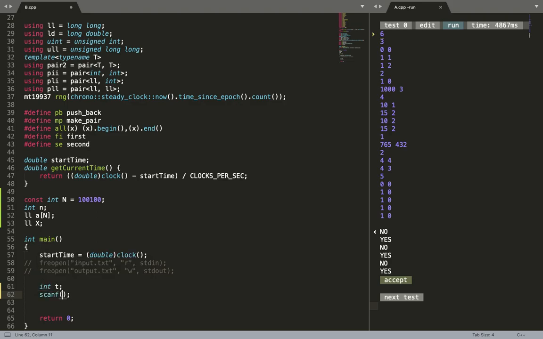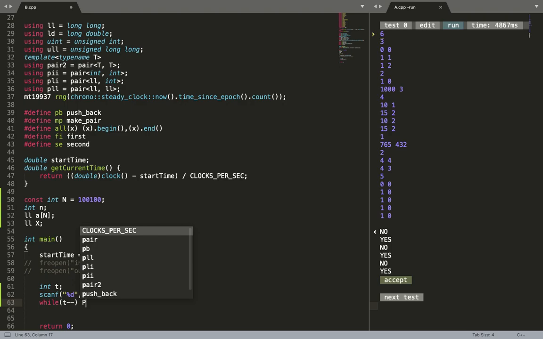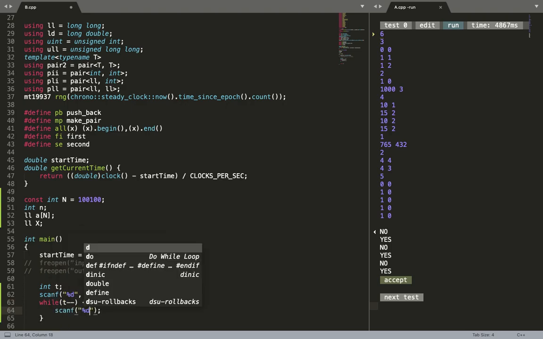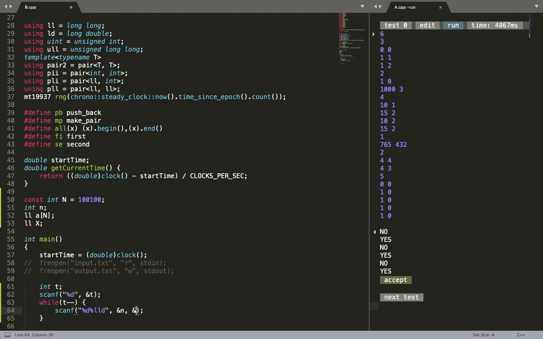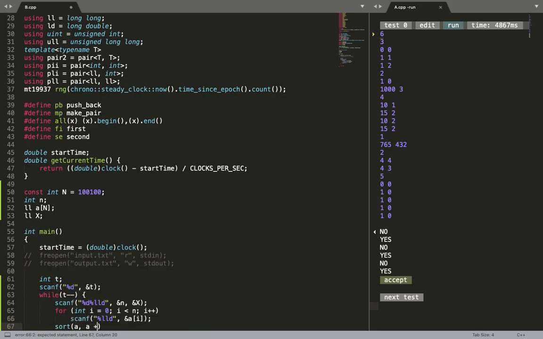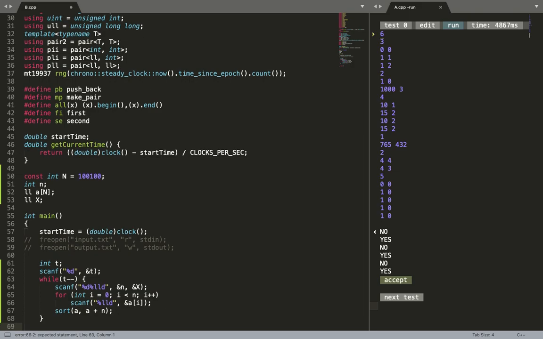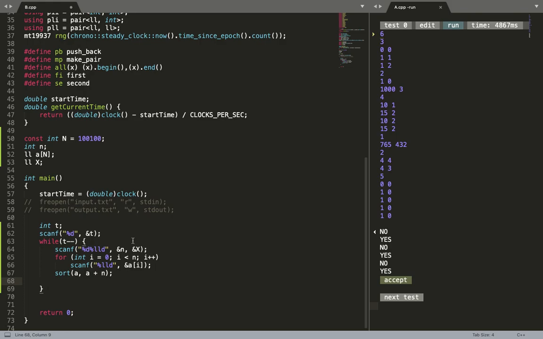So to implement it, we will read the numbers, sort them, and then we want to find the largest suffix with average at least x.